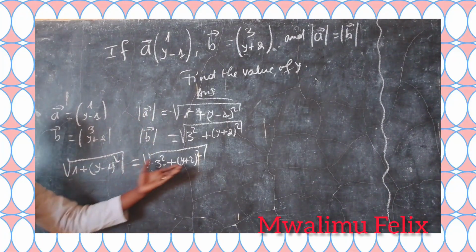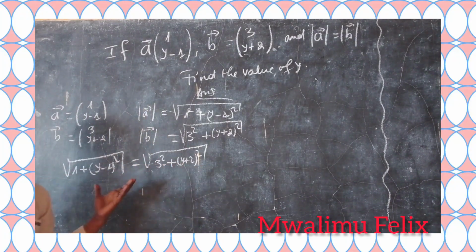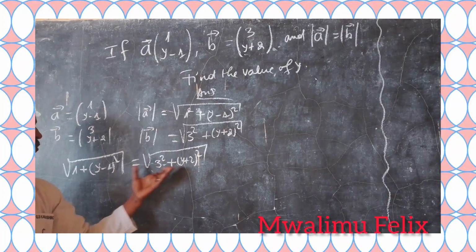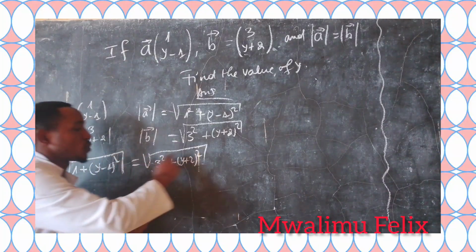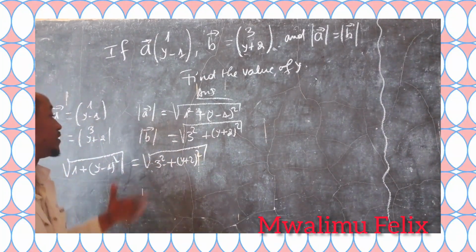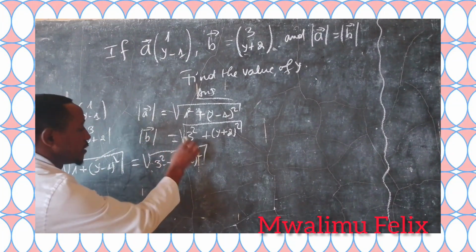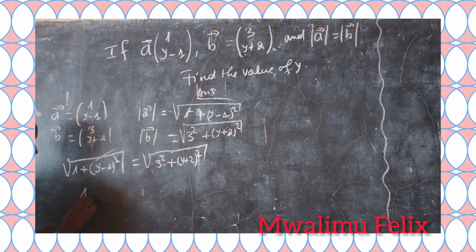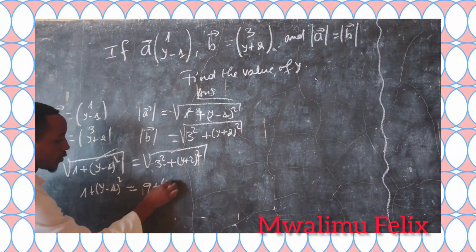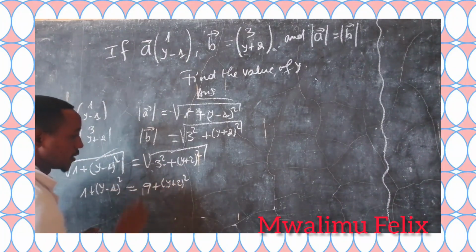Okay, so how to solve the radical equation? When we square both sides, we can simplify the roots. So this is 1 plus (y minus 1) power 2, which is equal to 9 plus (y plus 2) power 2.